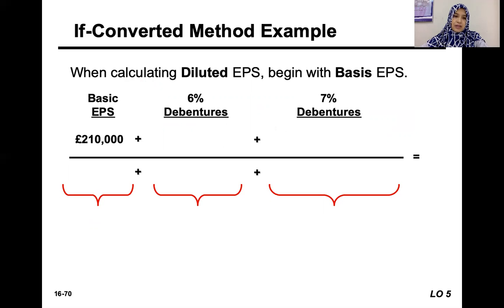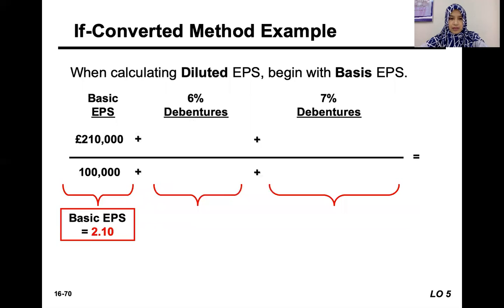So 210,000 is the income, and then we need to add back the net of tax amount of interest for the convertible securities. So the net of tax interest for the first convertible bond is 60,000 multiplied by 1 minus 0.4, because 40% is the tax rate.